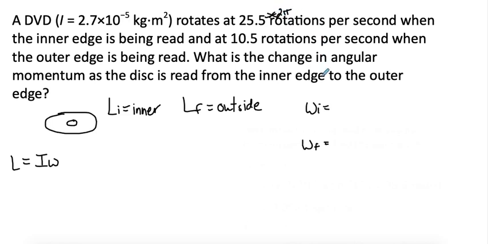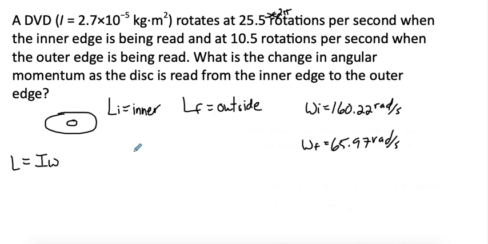So we're going to write those down below, but I'm going to have these values taken times 2 pi. So our initial angular velocity is 160.22 radians per second, and our final angular velocity is 65.97 radians per second.